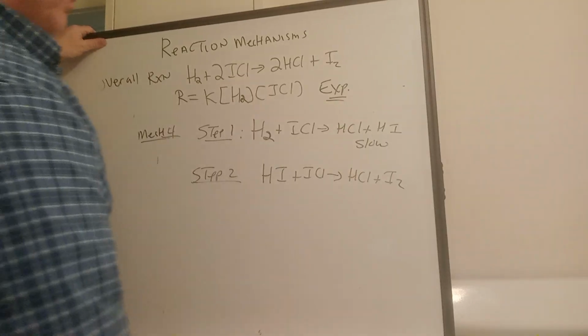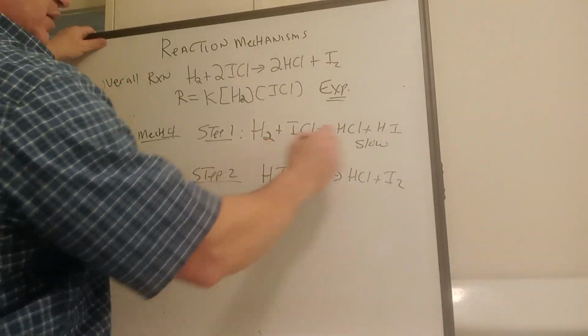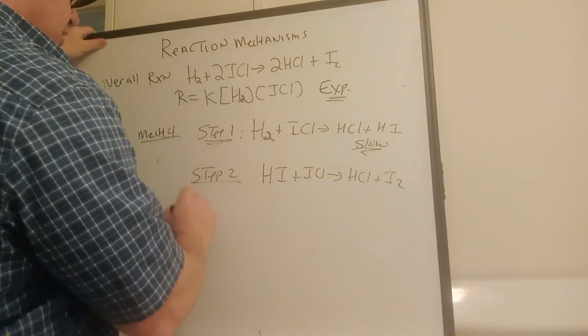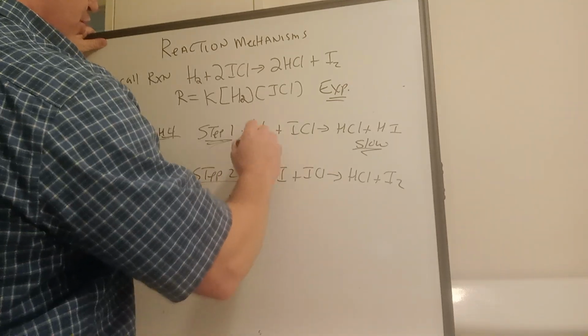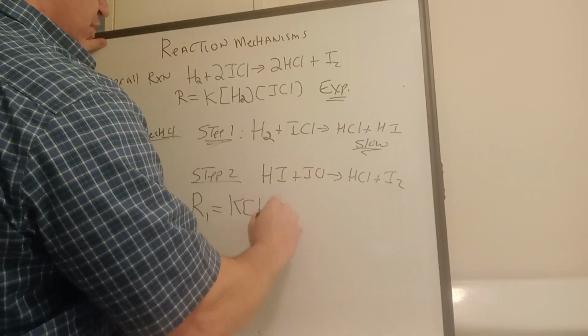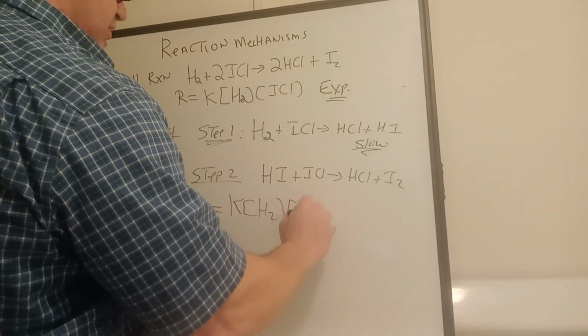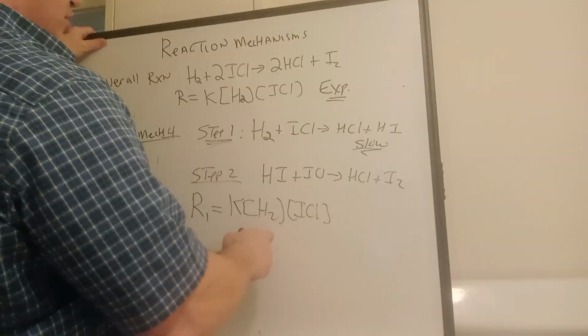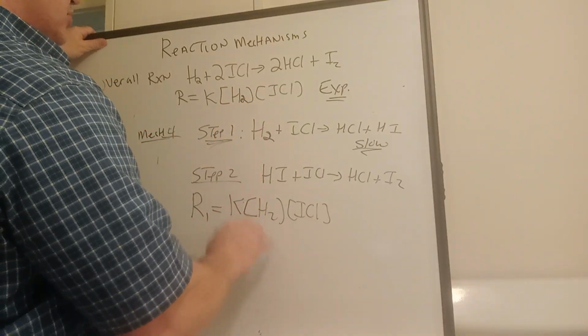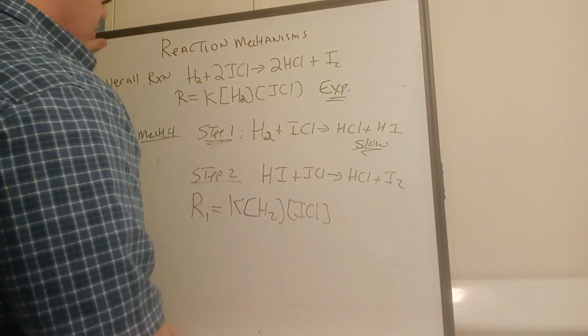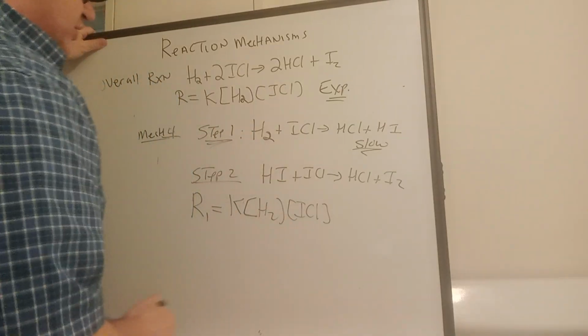So we have that. First thing is step 1 is the slow step. So the rate is K, first order in H2, first order in ICl. That looks good. It matches nicely the experimental rate law that we got from doing a study.